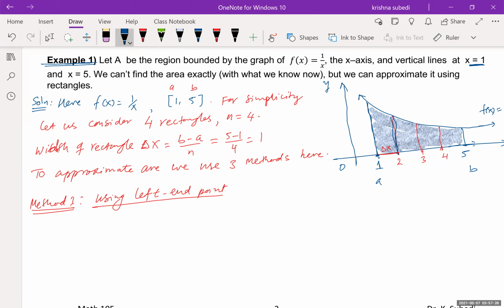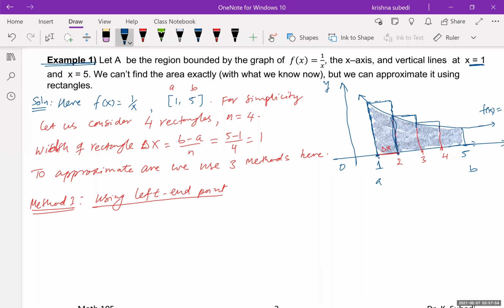So using the left endpoint, my rectangle will be this. This is my height, so I need to draw the rectangle using that height. For the second rectangle, the left side is this, so the rectangle will be this one. For the third rectangle, the rectangle will be this.